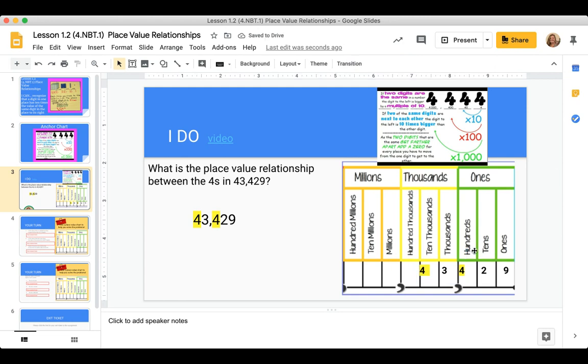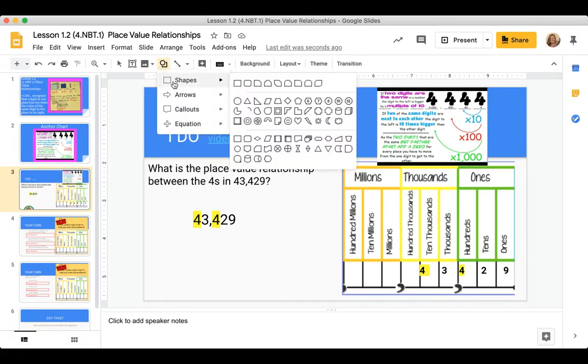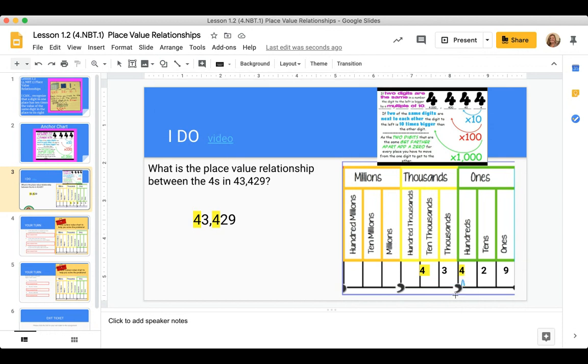Now, these two 4s are not next to each other. There is a thousands place between them. But they are both on the number line. So I'm going to get my handy dandy shape and I'm going to try to compare them. Now, using the strategy that I have on my anchor chart from the previous page, which I've also pasted here for you, I'm going to say we have hundreds to thousands.